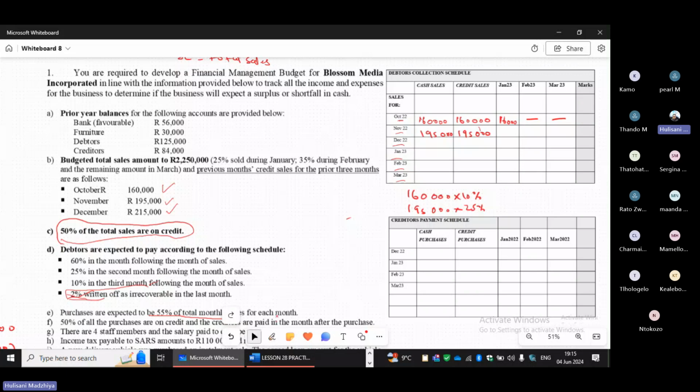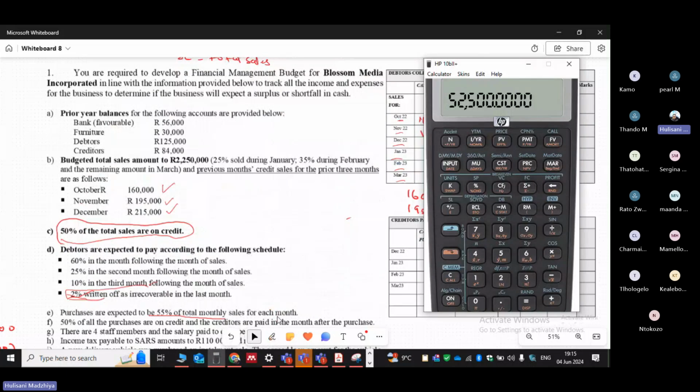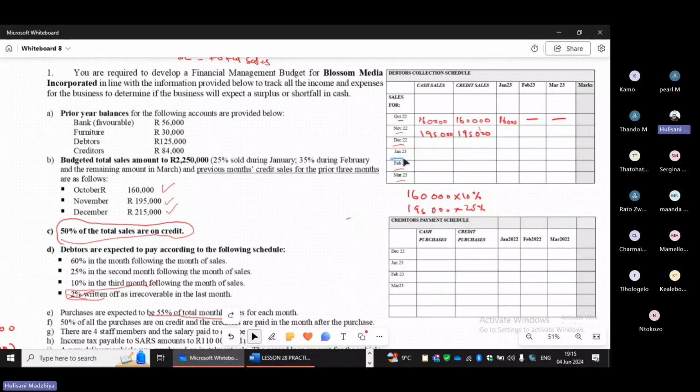I'm going to use my calculator. 195,000 multiplied by 25% is 48,750. So here we've got 48,750, and then we move to the last collection for the November month.